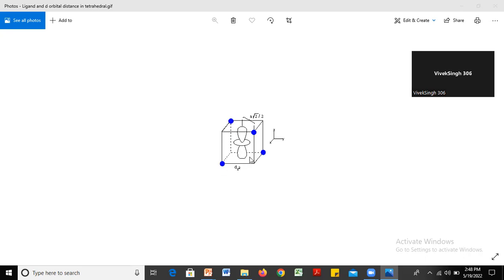The ligands are separated, distant apart from the d-z square orbital. Similarly, for the d-x square minus y square orbitals also, the ligands are distinct and separate. They are not in contact with the d orbitals that are present along the axis.